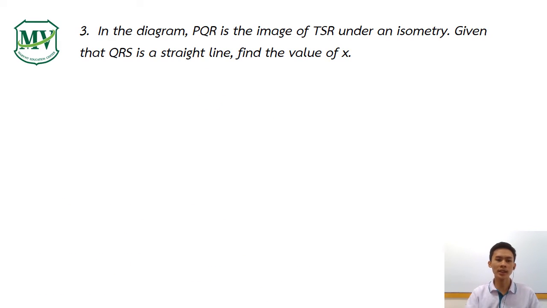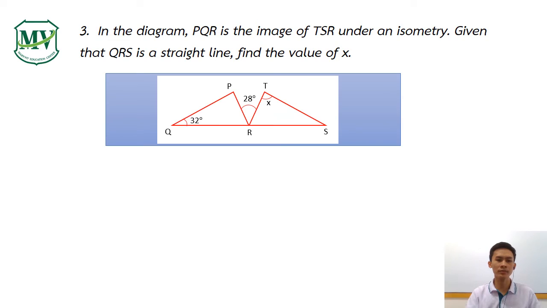Okay, so now let's answer question number 3. In the diagram, PQR is the image of TSR under an isometry. Given that QRS is a straight line, find the value of X. So you can look at the diagram below.